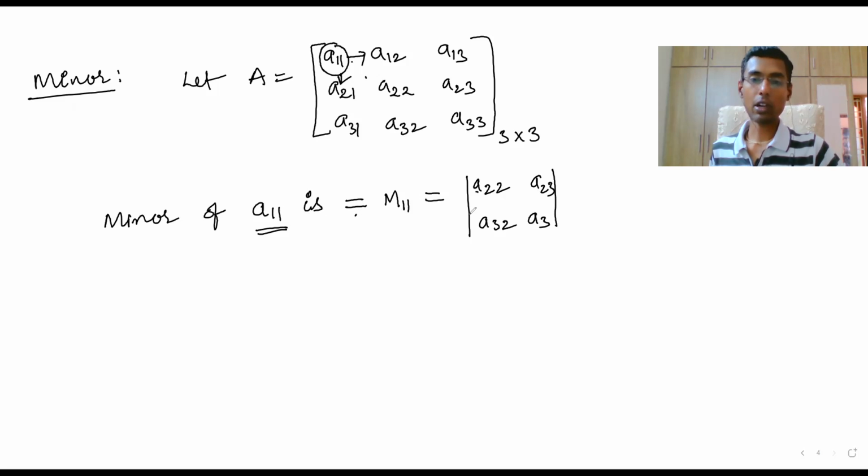This is a second order determinant: A22 into A33 minus A32 into A23. AD minus BC. This is what we do.